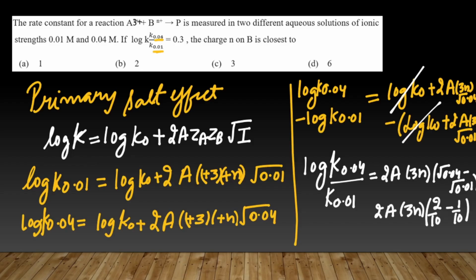This rate constant ratio is given to us as 0.3. Now the A value we have as 0.5, so 2 into 0.5 will be unity. It will be 3N into 1 by 10, so this is equal to 0.3.